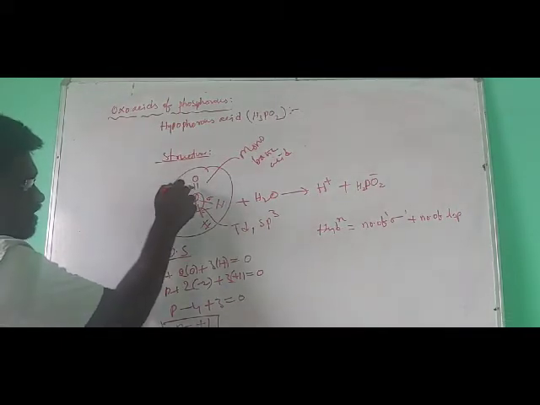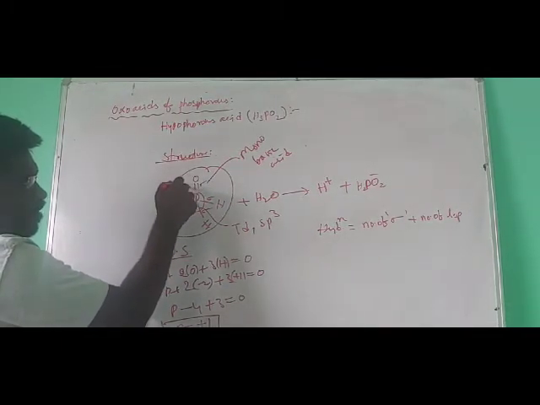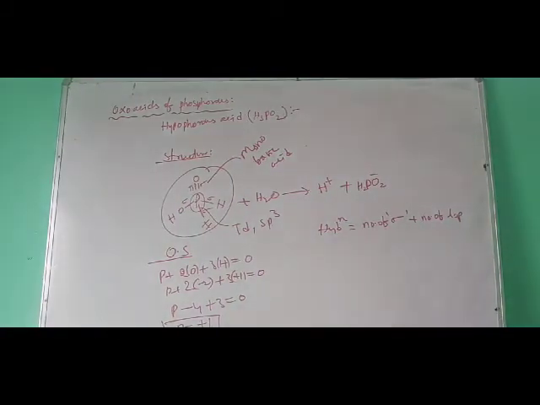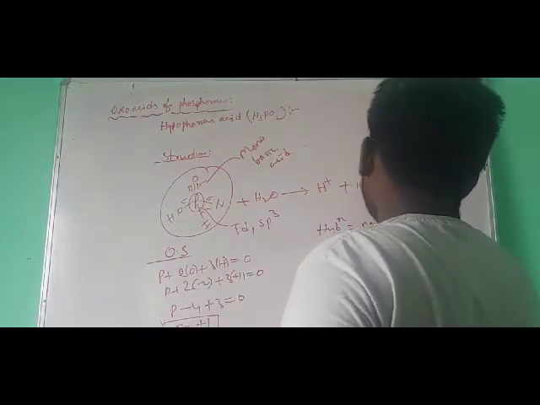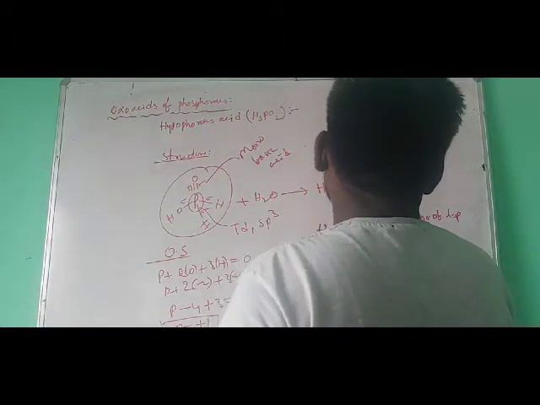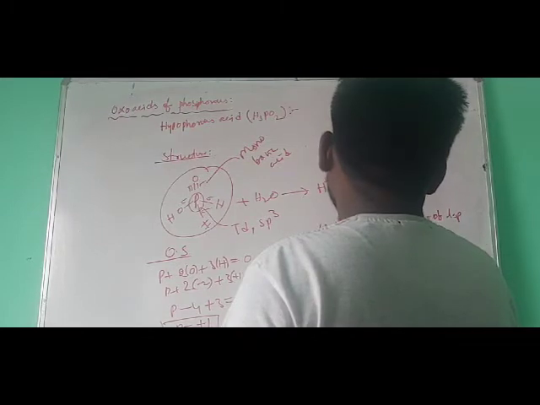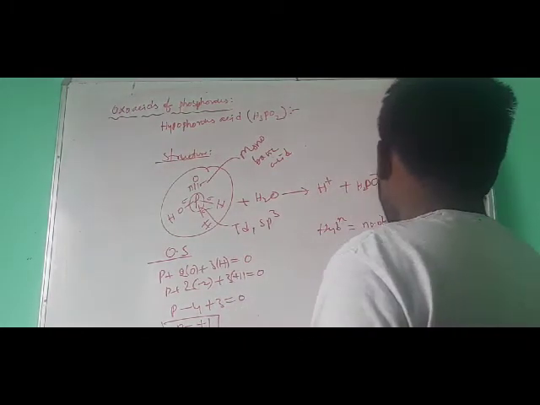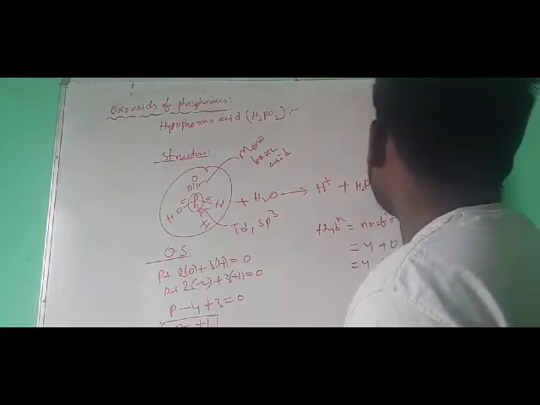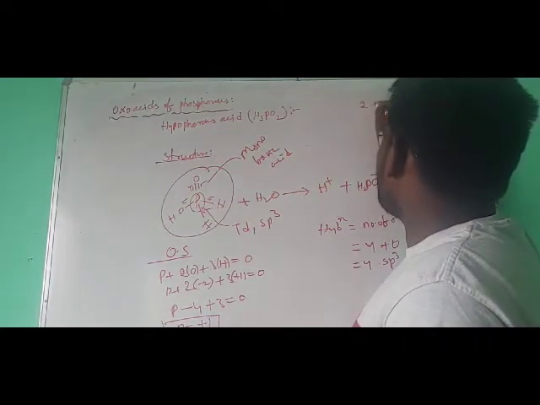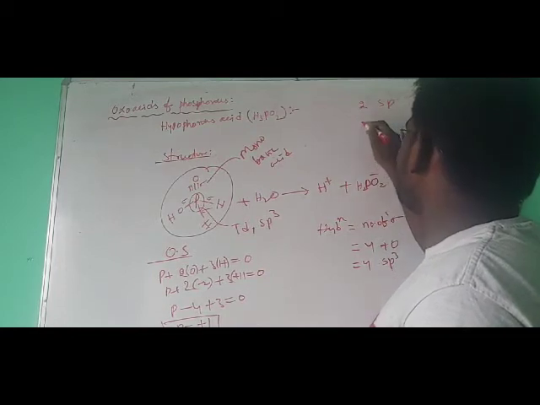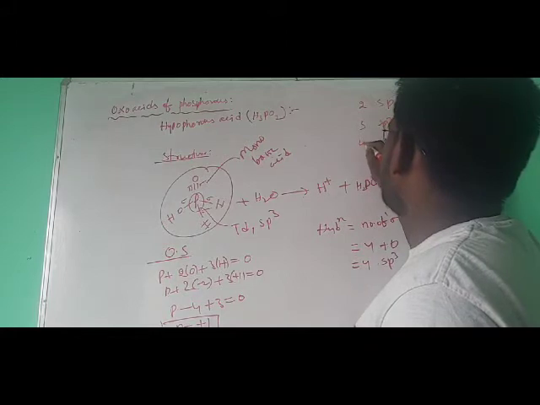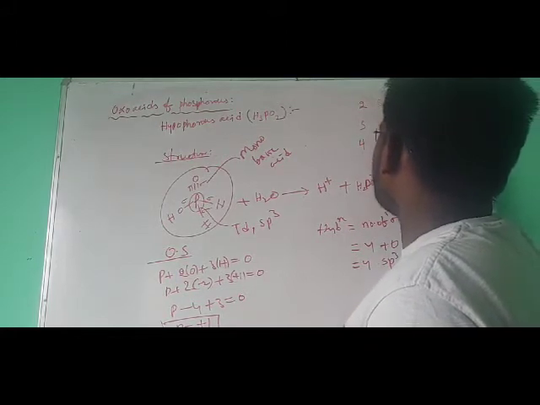And where two bonds are there, one is a sigma bond and the other is a pi bond. So the number of sigma bonds is 4, and the lone pairs are 0. So the value is 4, which means sp3 hybridization. If you get the value 2, it is sp hybridization; if 3, sp2; if 4, sp3.